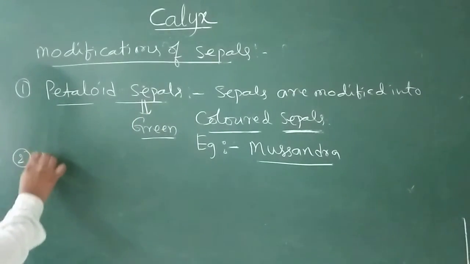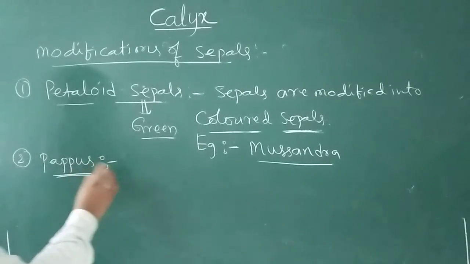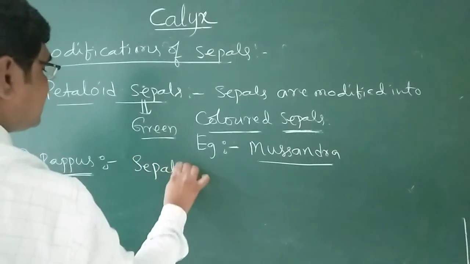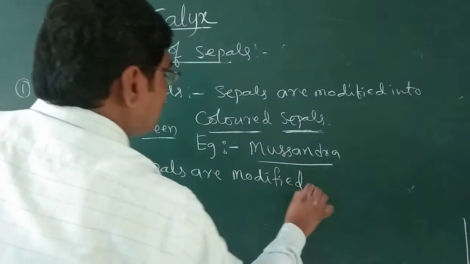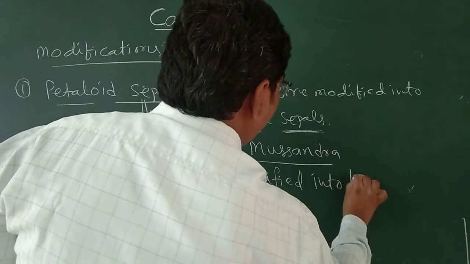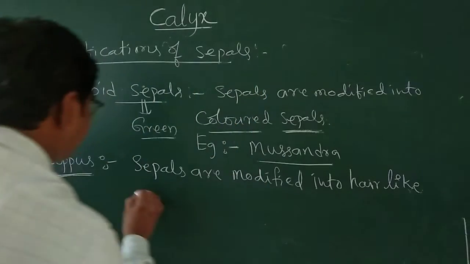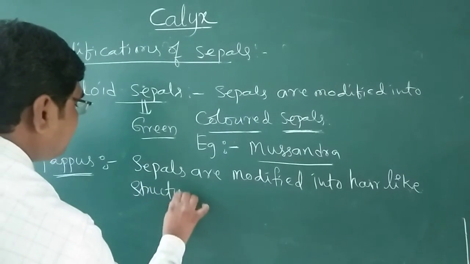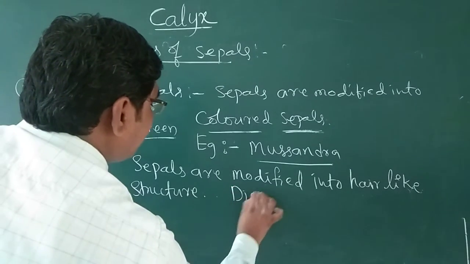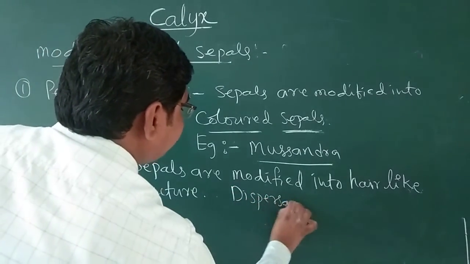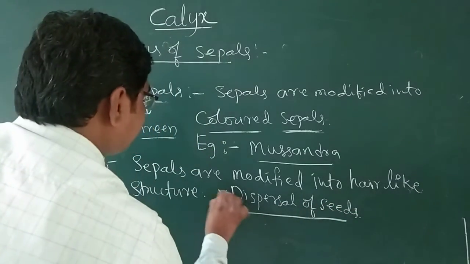Next, the second one is pappus. Here sepals are modified into hair-like structures. They help in the dispersal of seeds. This is the main function of the pappus.